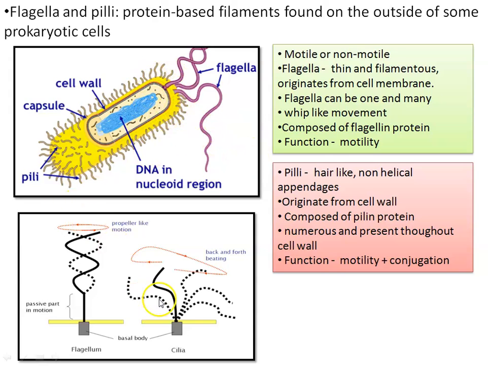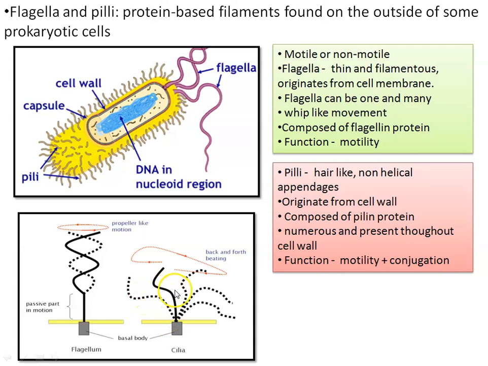The other is the cilia. In some prokaryotic cells, you can find the presence of cilia. The difference between flagella and cilia is that flagella can be one and the movement is propeller-like, but cilia are always more than one.